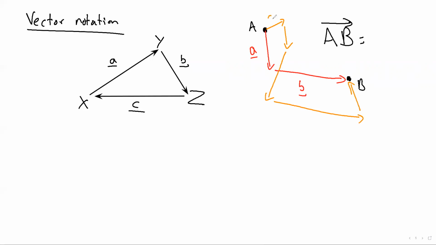And let's call this C, D, E, F, G. And let's say we have one more path, just goes from A to B. Let's call this H. Now, the thing is, AB will be equal to any of these paths. So it will be equal to H, it'll be equal to A plus B, it'll be equal to C plus D plus E plus F plus G.